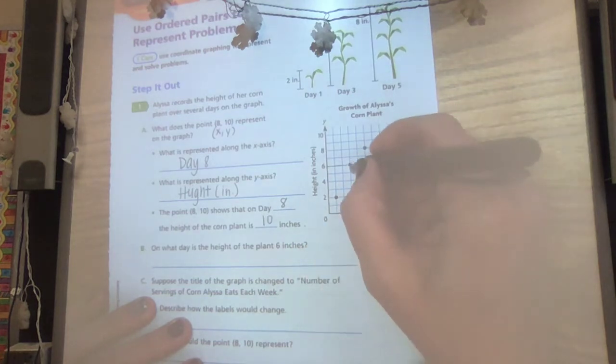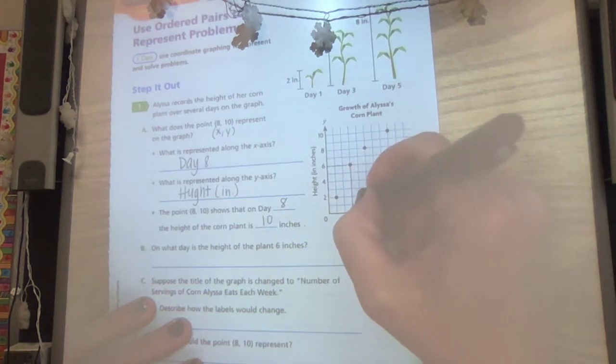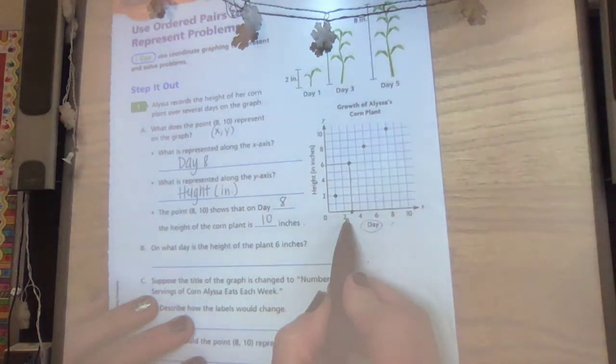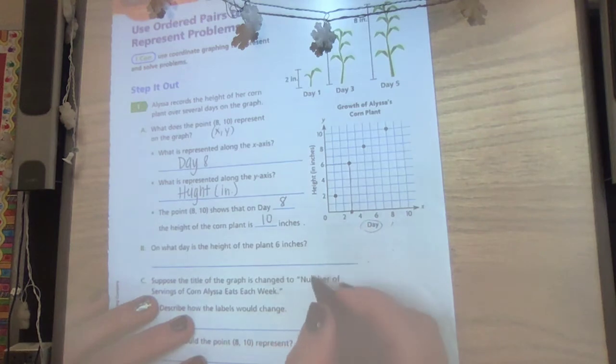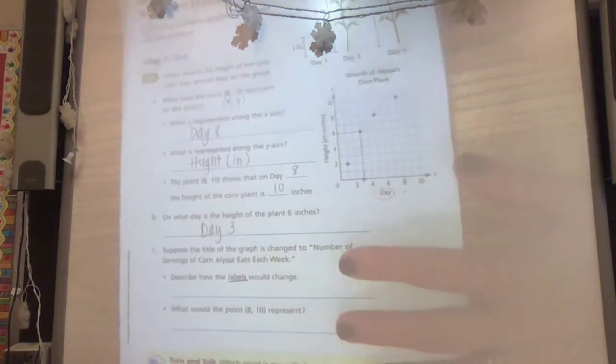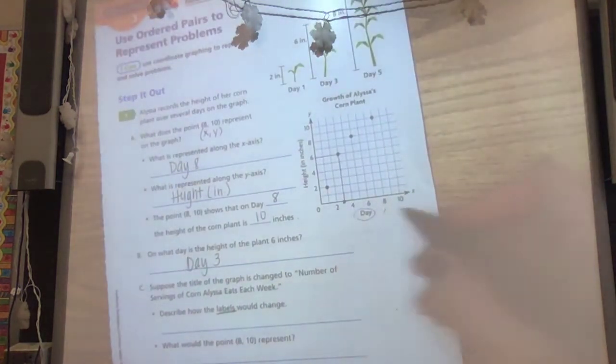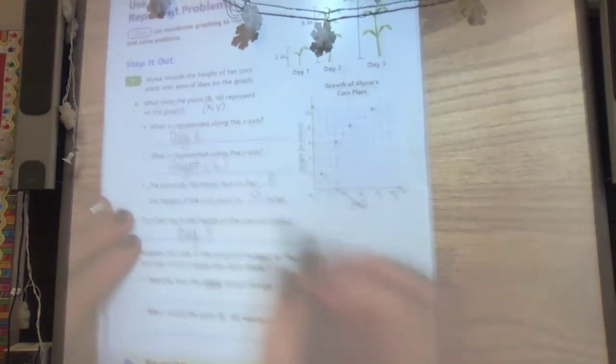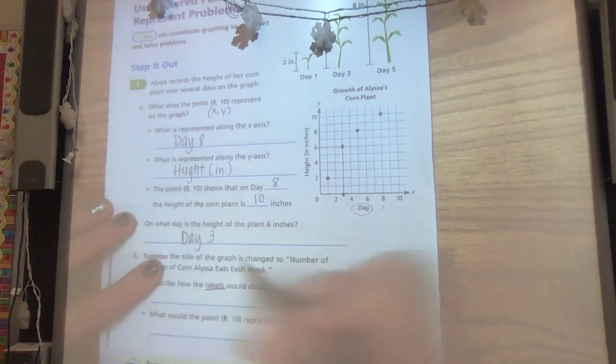And on this day, it was 6 inches. It doesn't tell me that number, but I know since it's between 2 and 4, then that's going to be 3. So day 3.